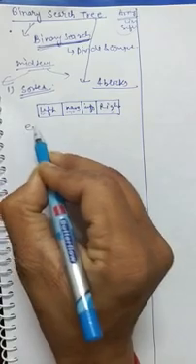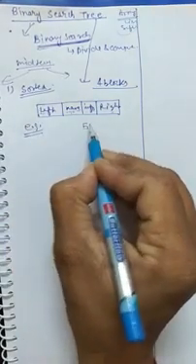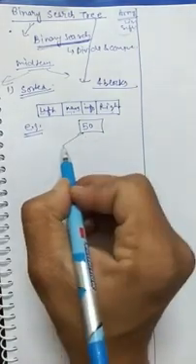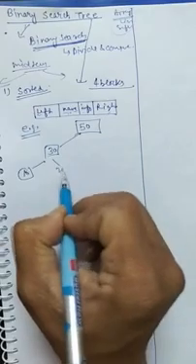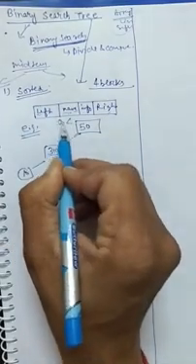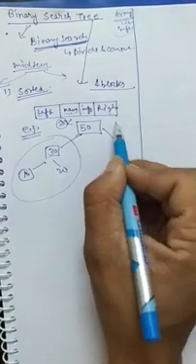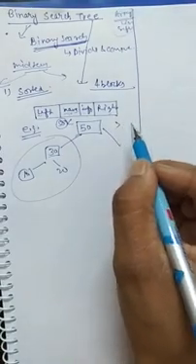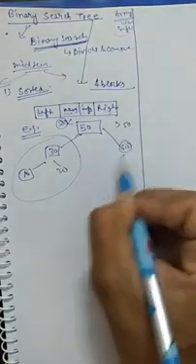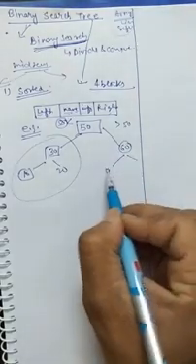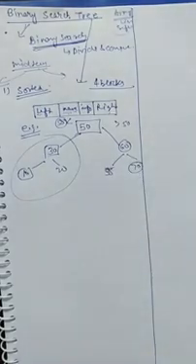For example, if there is an element 50, then elements less than 50, like 30, 10, 20, will be stored on the left, and elements greater than 50, like 60, 55 or 70, will be stored on the right side.